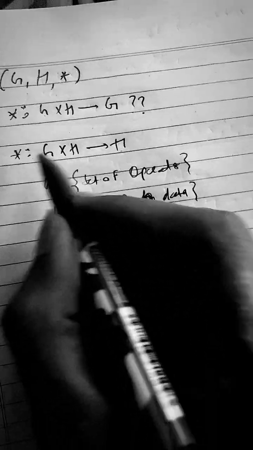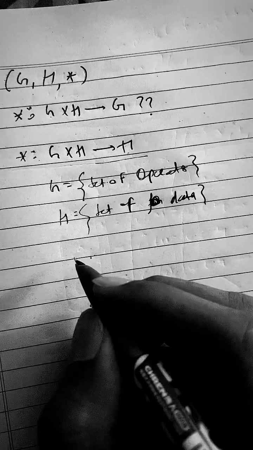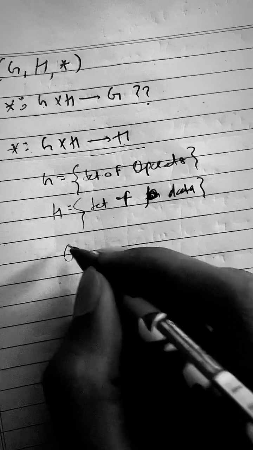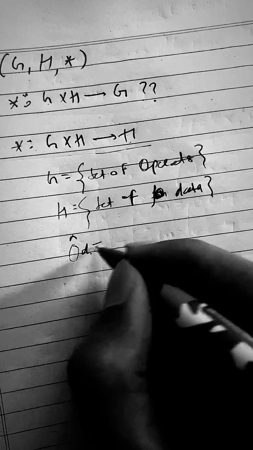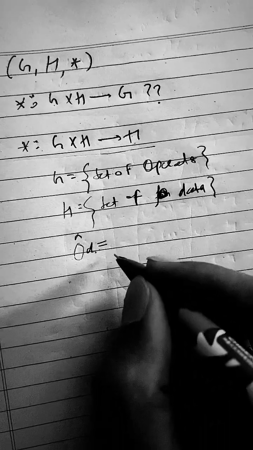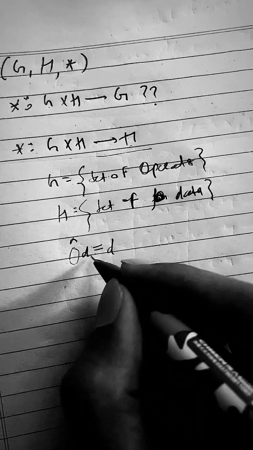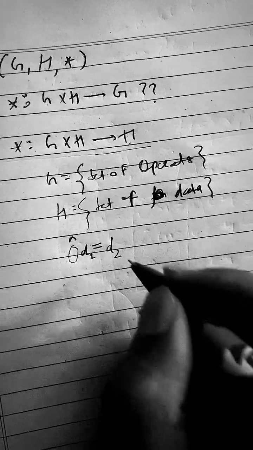So what does this structure say? It says a set of operators acting on data, and it produces another data. So this is D1, this is D2.